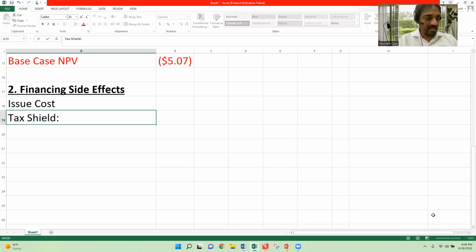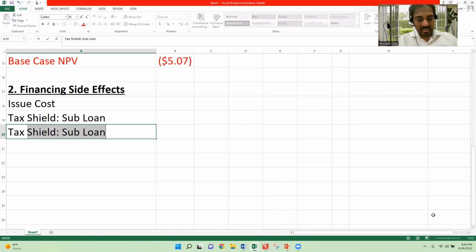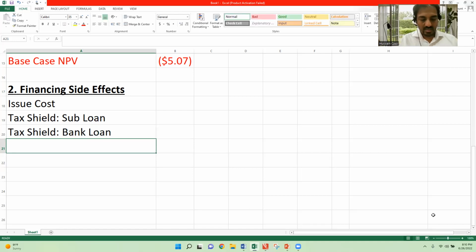Here, the tax shield is based on two things. Number one, the subsidized loan tax shield, the bank loan, then the value of the subsidized loan.